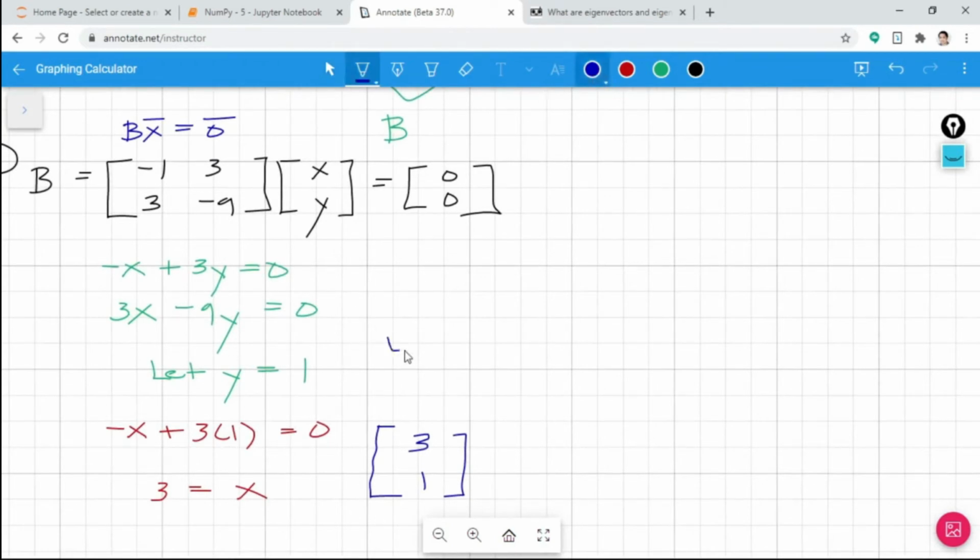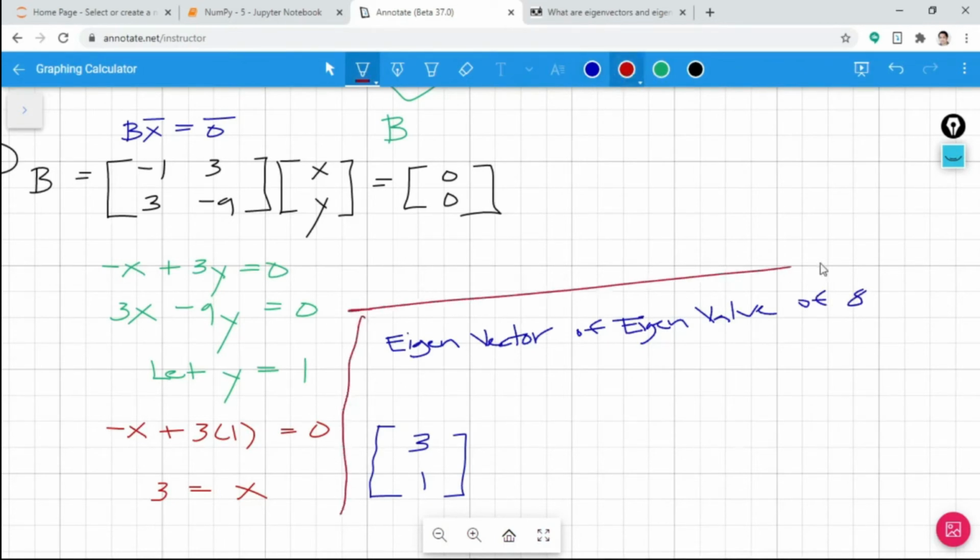So this one is the eigenvector of eigenvalue. So eigen is a German word. I think it means very specific. So of 8. Okay. So this one is the eigenvector of eigenvalue of 8.